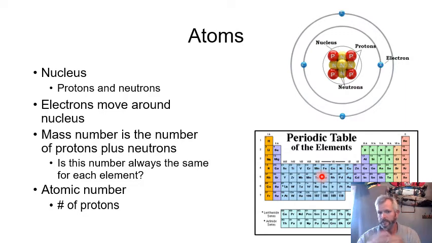Okay, so essentially these atoms have a neutral charge. The mass number is the amount of protons plus the amount of neutrons. What we're worried about more is the atomic number, the number of protons.